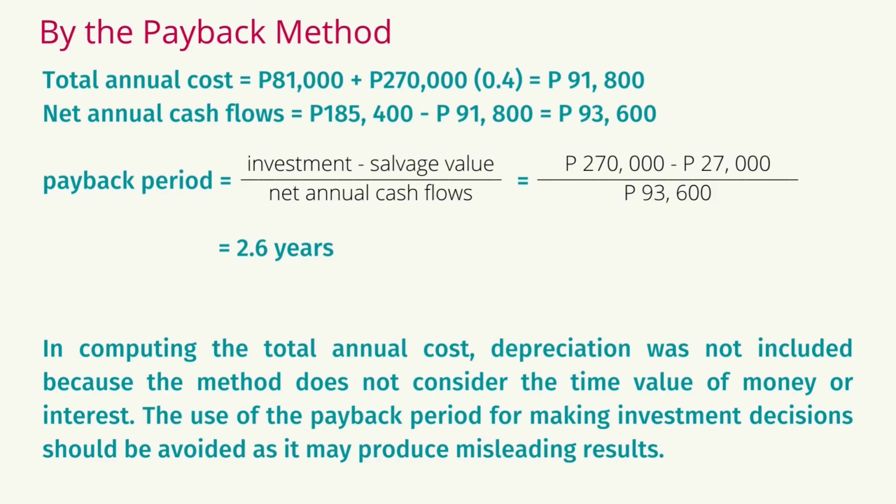So 185,400 minus 91,800 is equivalent to 93,600. The payback period is equal to the investment, 270,000, minus the salvage value, 27,000, all over the net annual cash flow, 93,600, that is equivalent to 2.6 years.